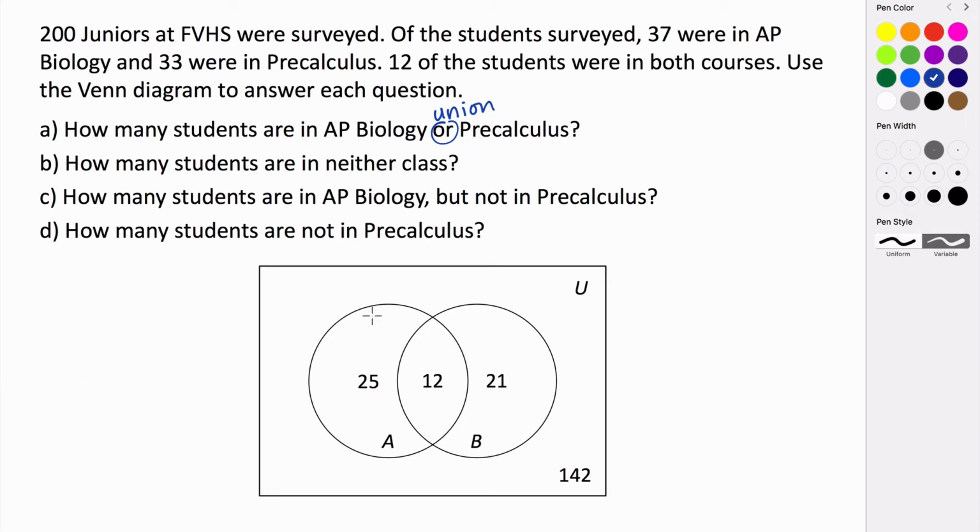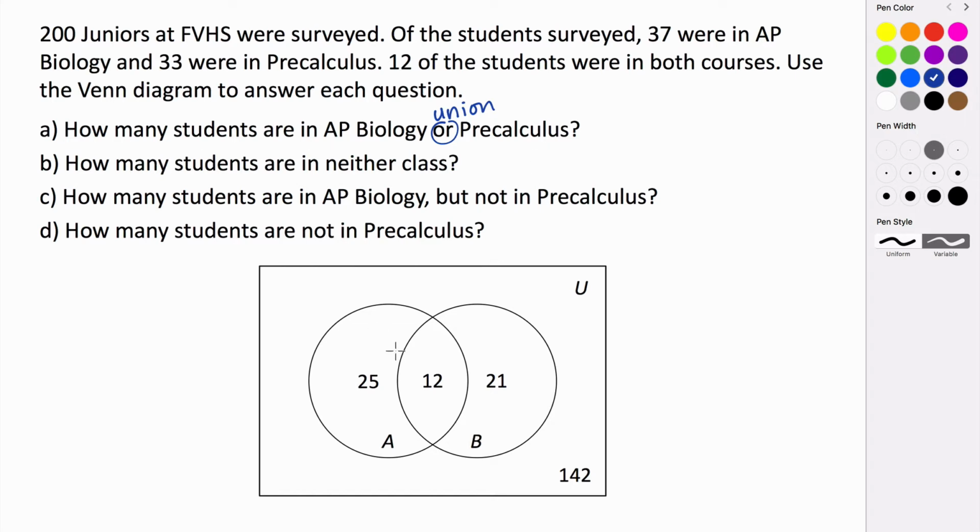First of all, which set is which course? This circle here has a total of 25 plus 12, so it has 37 elements in it. So set A is AP Biology, and this other one has 33 elements in it, so that's Pre-Calculus.